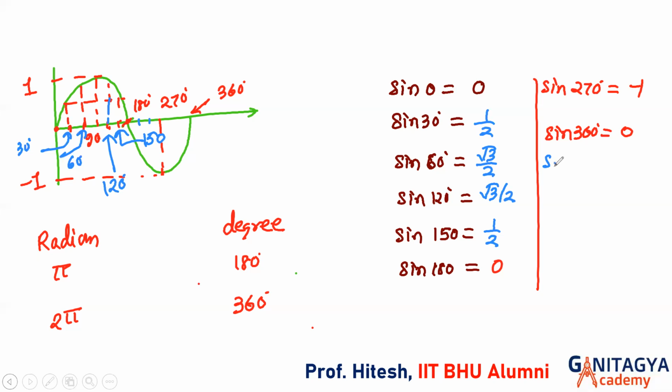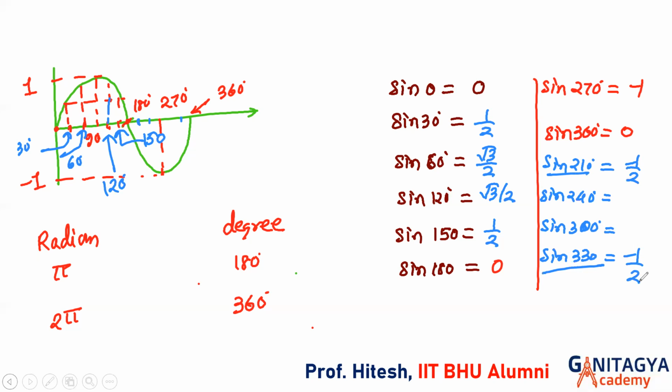So sine 210, sine 240, sine 270 you know, then sine 300, sine 330, and then sine 360, you know, is 0. Sine 210 and sine 330 will both be the same, that will be -1/2.